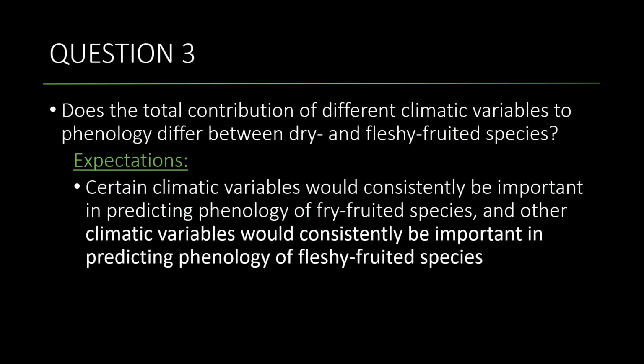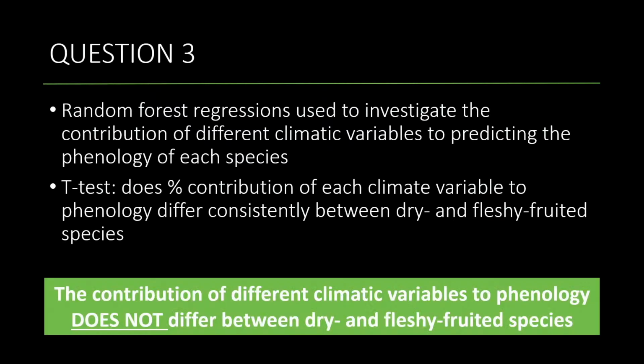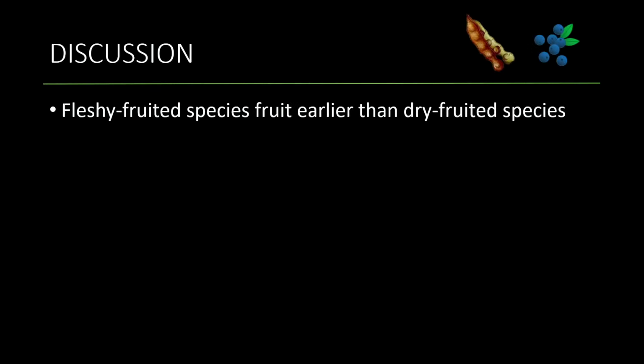So we used the percentage contribution of each climatic variable to the GAM models, and we compared those, we did random forest regressions here, and we compared those between fleshy and dry fruited species. And we didn't find a significant difference here in the contribution of climatic variables to fleshy and dry fruited species. So we did indeed find that fleshy fruited species fruit earlier than dry fruited species, as we expected.